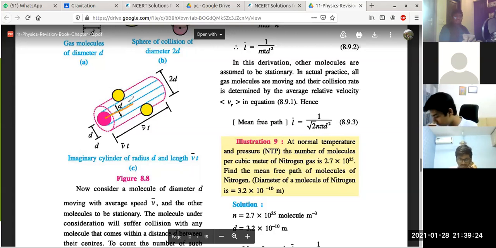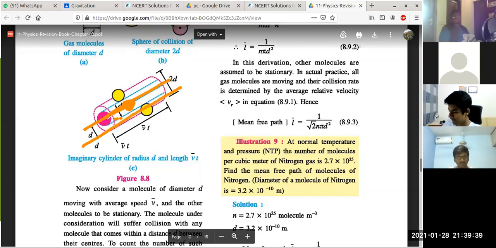If this molecule is going straight like this, then it will hit this yellow molecule if the distance between these two lines is less than d. If it is not less than d, then pink and yellow will not collide. Yes or no?